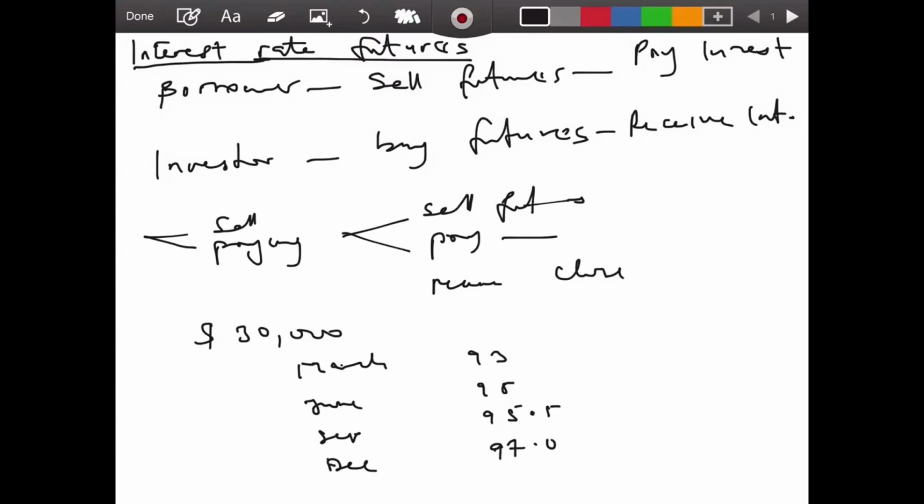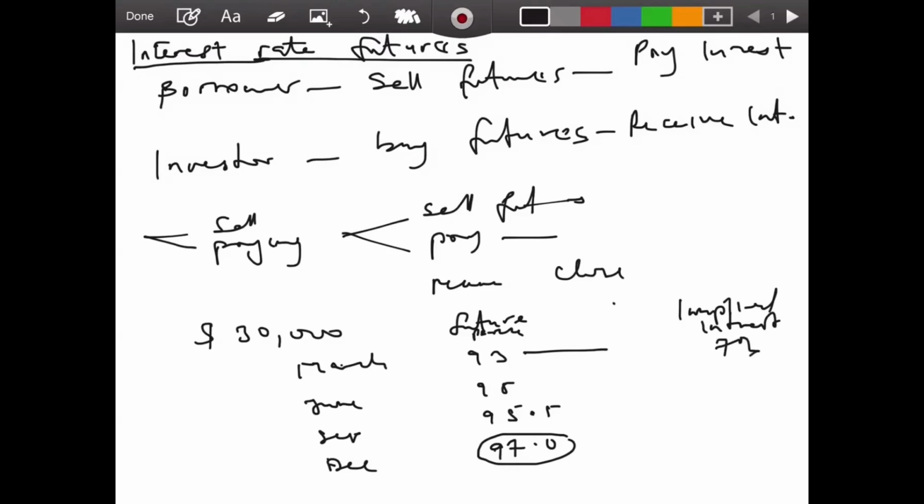So if the company is buying a December future, this is the future price. While we have the implied interest rates. If the future price is 100, this will be 7.